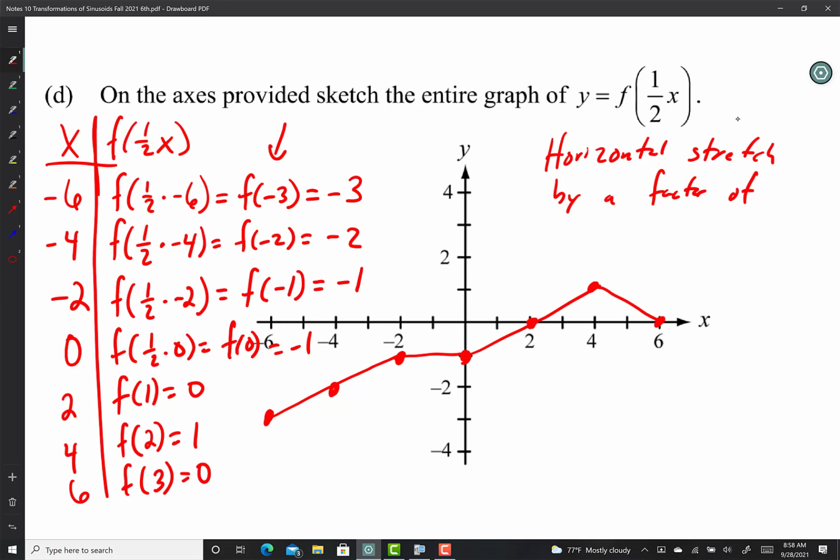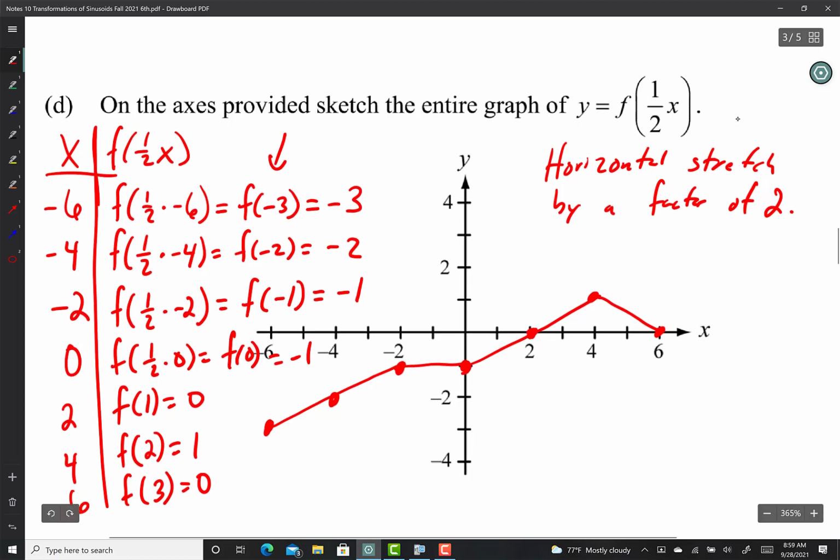By a factor of 2. The old x values were negative 3, negative 2, negative 1. What are my new x values? They were multiplied by 2. Cool or not cool? Okay, so don't worry, we can talk about it later, miss. I just want to get through this really fast.